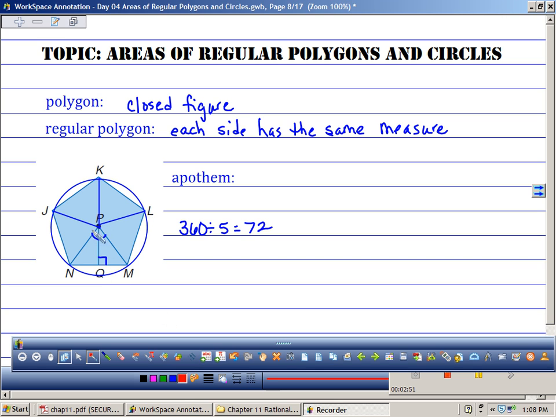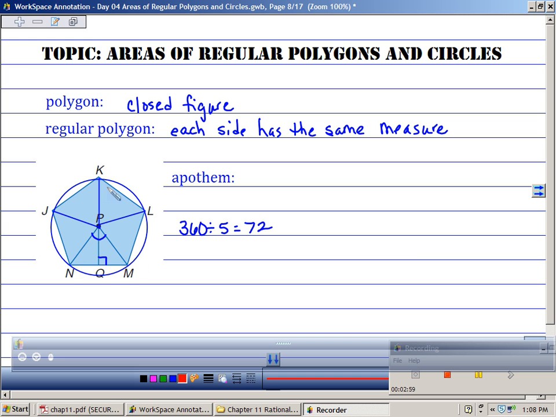If this is a central angle, and I know that this is equal to this, is equal to this, is equal to this, and this is a 90-degree angle, what do I know about this side? Melanie? It splits this, which also makes this angle 36.